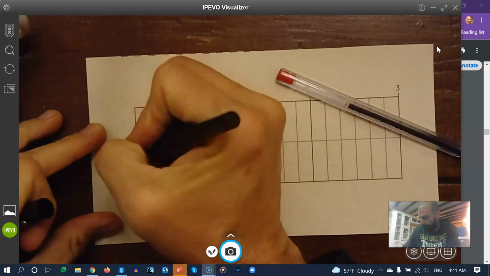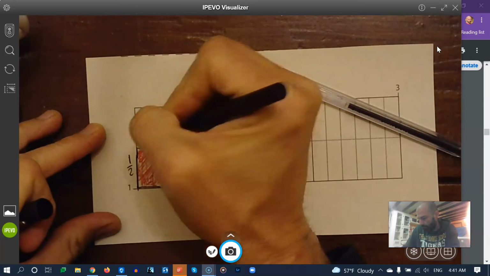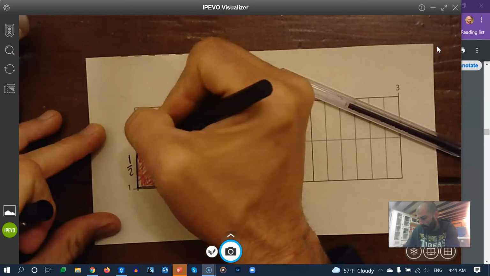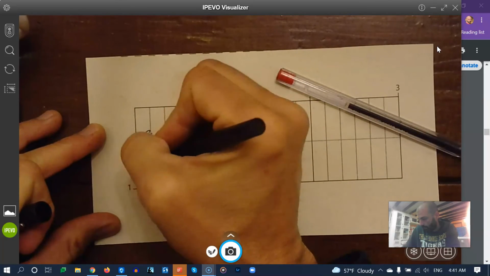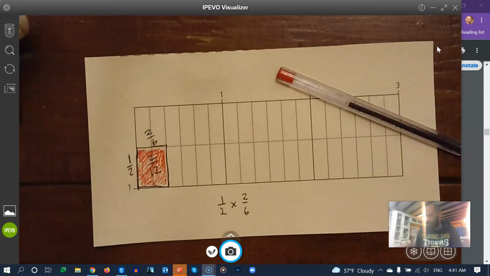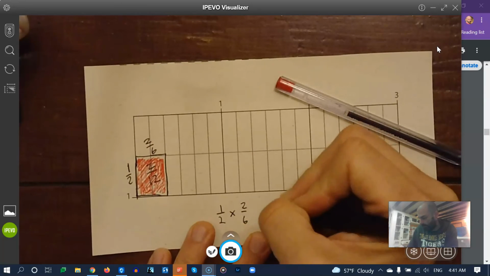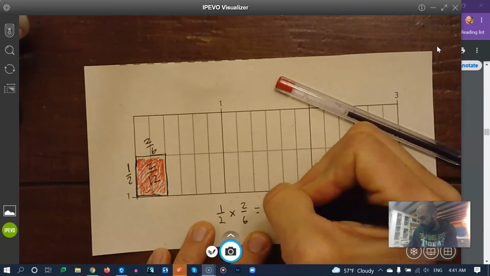And you need to label. So I have 1/2 by 2/6, and that equals 2/12. And then I write my equation here.